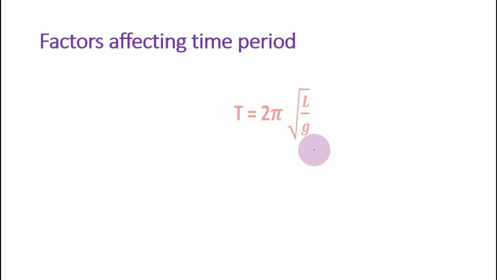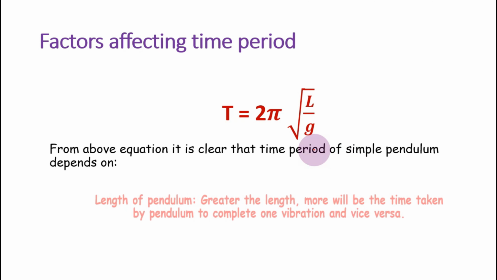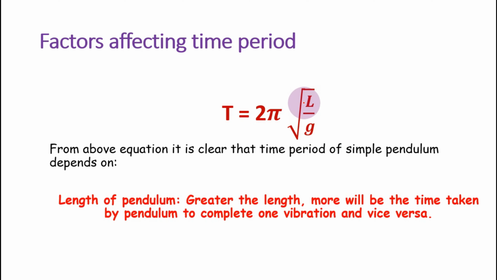Now what are the factors which affect time period? If you look at this formula, we see that the time period depends on the length of the pendulum. That is, the larger the length, the more the time period, and there is a square root on top. So the greater the length, the more time taken by the pendulum to complete one vibration, and vice versa.